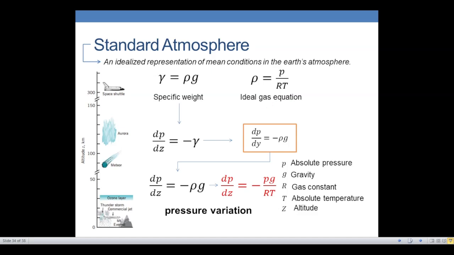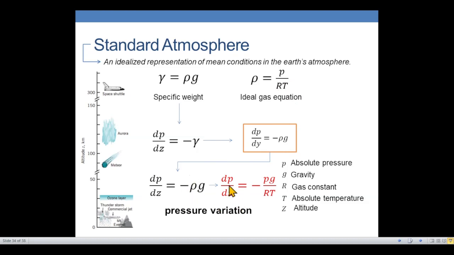So we're going to fuse the two equations here. This expression we're going to rewrite into this form, but we have to change the y into z, and we're going to integrate the ideal gas equation in this part. That is why we come up with this equation colored red.